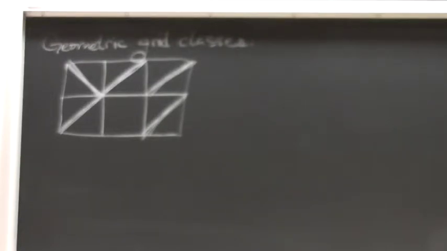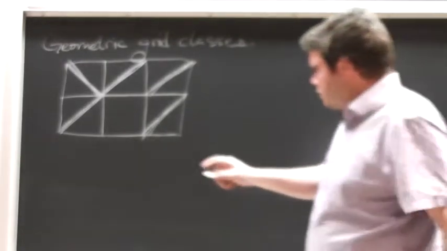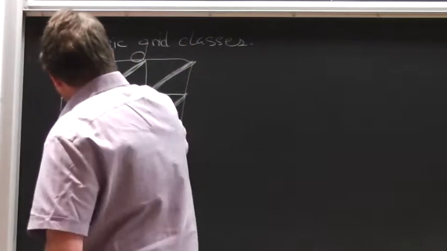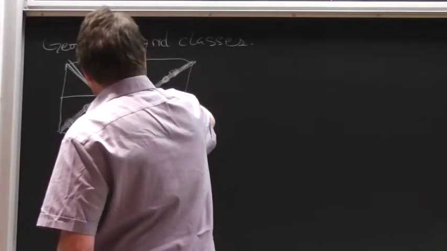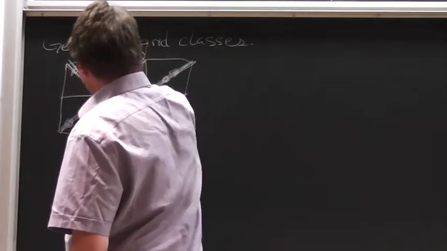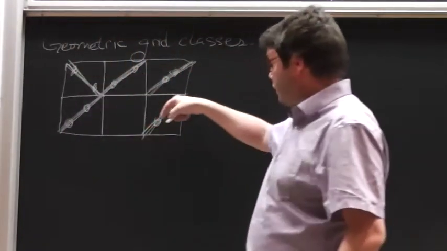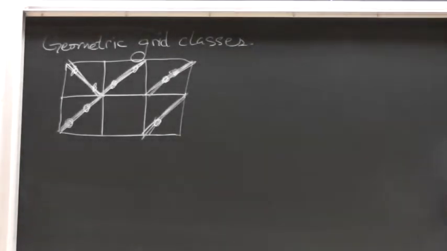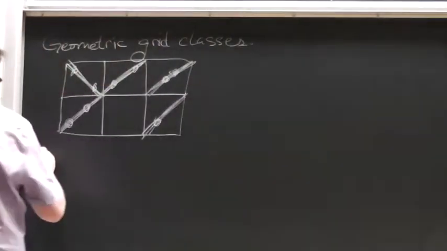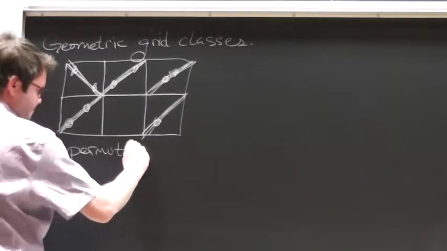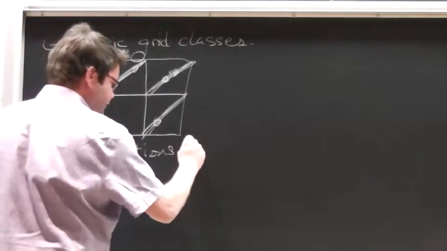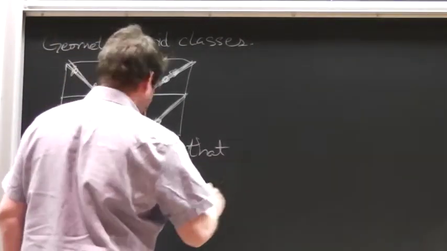So I might take points here, here, here, and so on and so forth. As long as I take no two on a common horizontal or vertical line, I'll get a permutation. And this is known as a geometric grid class: all permutations that can be drawn on this figure.